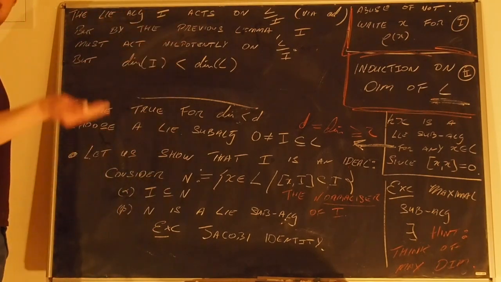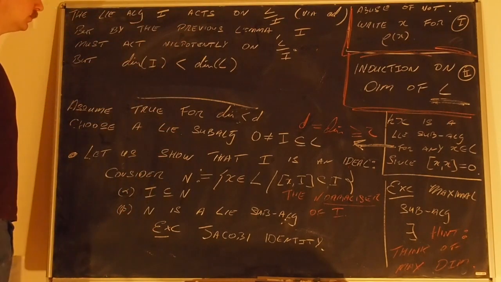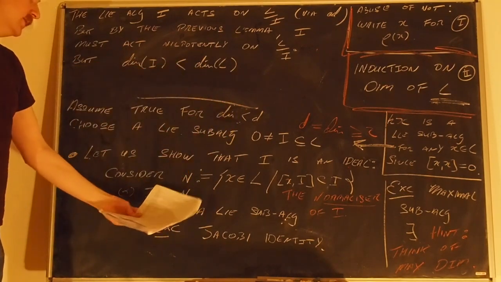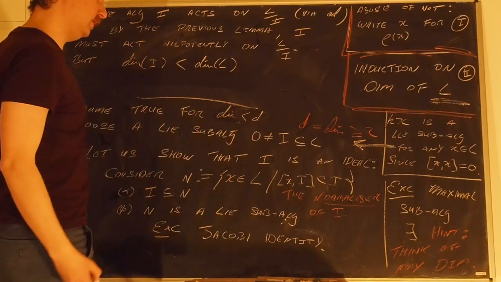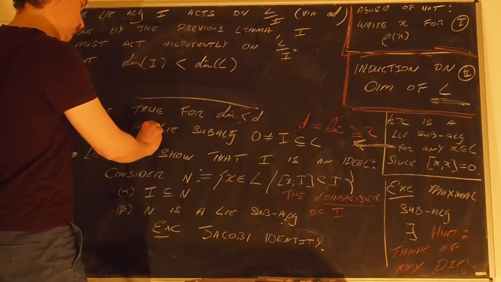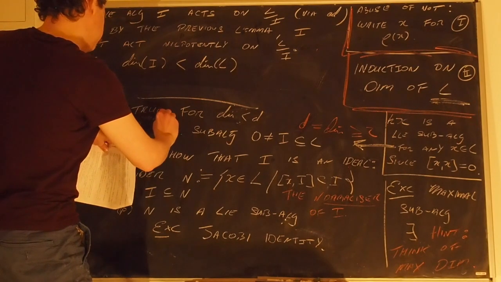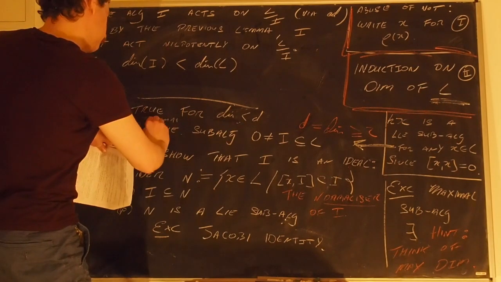Okay? And then we want to go up. So we're using induction on dimension. The dimension of I, of this subspace, is smaller because it's a proper inclusion. Okay? And this should be maximum.